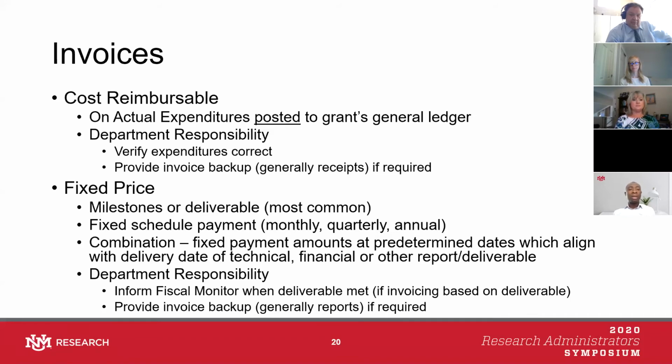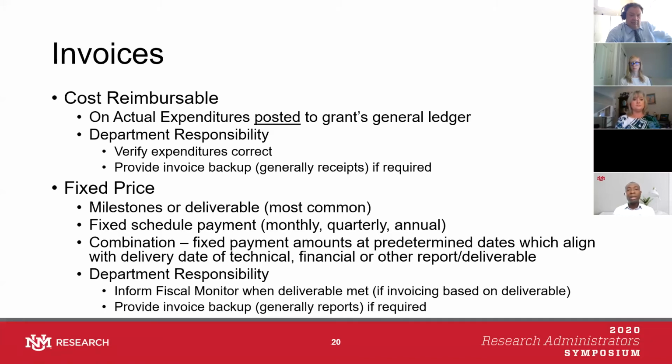Sometimes a fixed award also means that the entire award is paid in advance. But in the case of a fixed schedule, it means that UNM or your fiscal monitor has to submit quarterly or monthly invoicing, and if it's a multi-year award, on an annual basis.